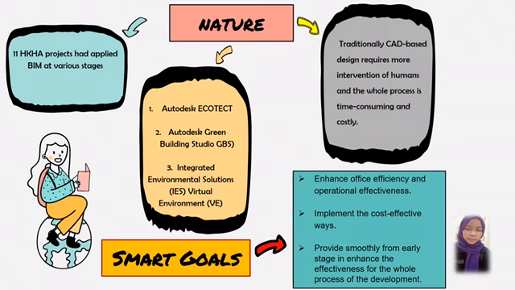For the SMART goals, there are three main goals of the Hong Kong Monetary Authority development project, which are, first, to enhance office efficiency and operational effectiveness. Second, to implement in a cost-effective way, and lastly, to provide smoothness from the early stage and enhance the effectiveness of the whole process of the development.